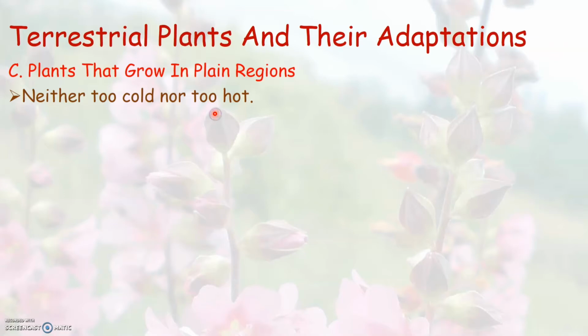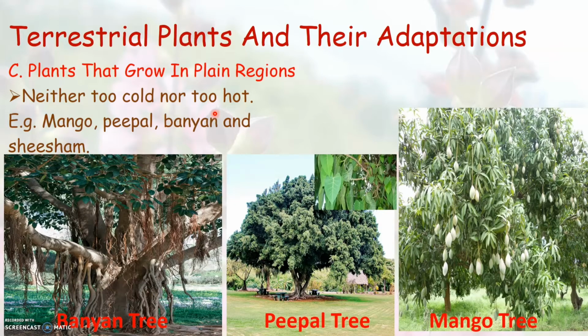Some of the plants that live in the plain regions, as you see here, are mango tree, peepal tree, banyan tree, shisham tree, etc. So now we are going to learn about the adaptations of these plants that grow in the plain regions.